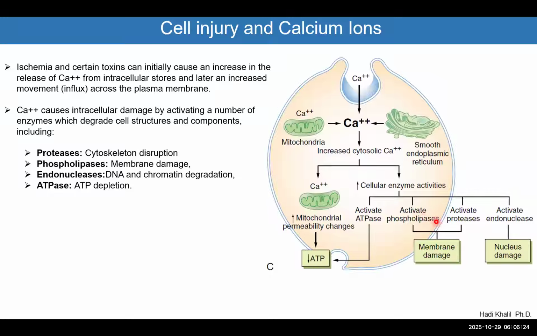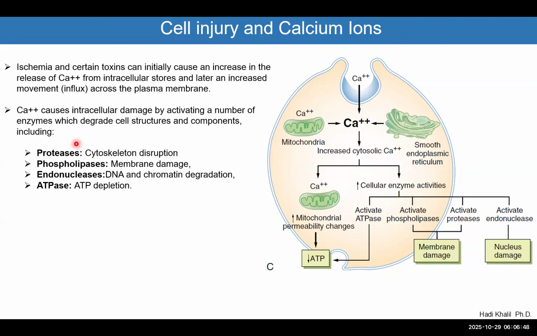The ase is a breaking enzyme, so phospholipase is going to break the phospholipids of the membranes. Proteases. A protease is an enzyme that breaks down proteins. Endonucleases. These are enzymes that break down DNA.